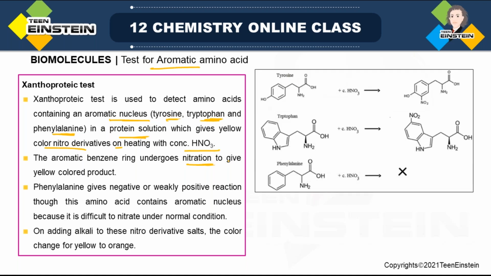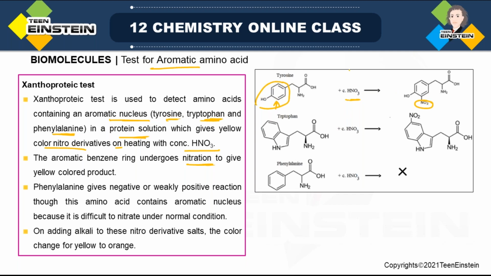See here we have taken tyrosine, where the side chain is CH2, then a phenyl ring, with OH at the fourth position. This is aromatic, and in the presence of concentrated HNO3, with respect to OH, at the ortho position an NO2 group is inserted.